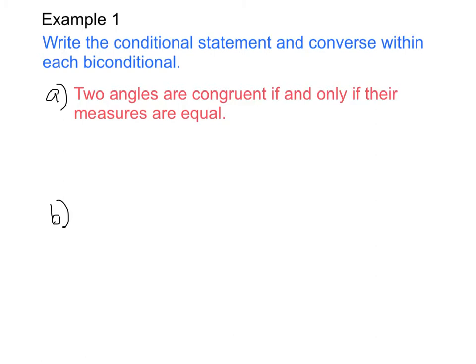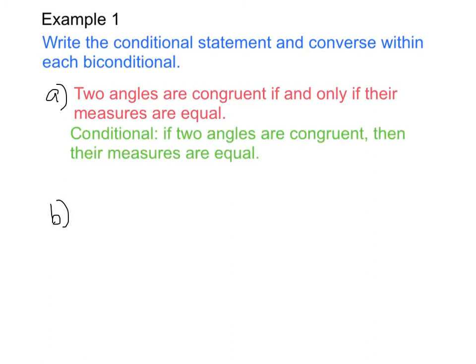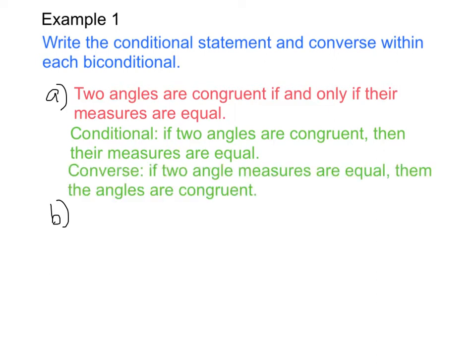Let's start with a conditional statement. We could say if two angles are congruent, then their measures are equal. So that's the conditional. What would the converse be? The converse would say if two angle measures are equal, then the angles are congruent.